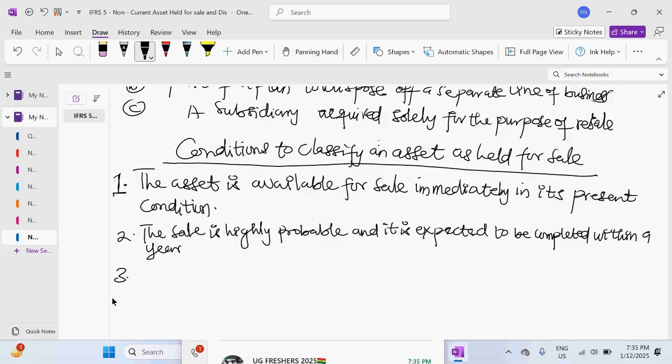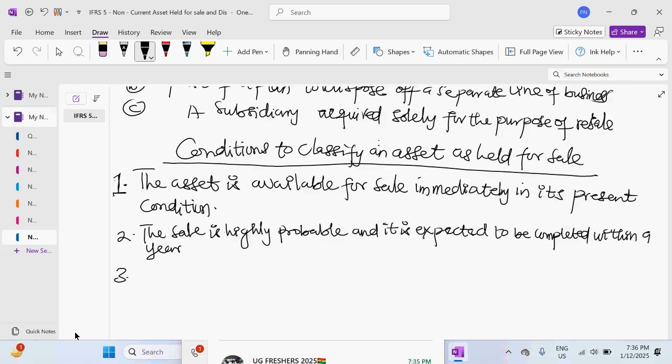So yes, the sale is highly probable and is expected to be completed within a year. Except that maybe there's an approval, or it is not approved by the relevant regulators, which is not management's fault. Let's say those authorities must verify the product to ensure that it is quality, it meets the standards.